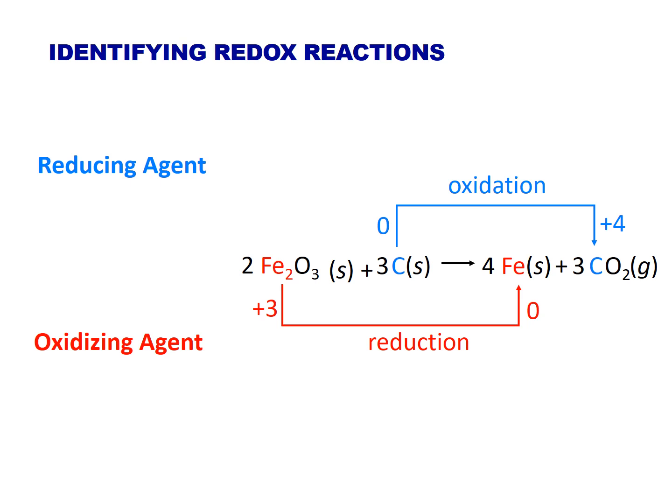And notice what I said before, the oxidizing agent typically is oxygen or some kind of oxygen-containing material. Carbon in this reaction is oxidized from the 0 to the +4 oxidation number, and as it is oxidized, it will act as the reducing agent of the reaction.